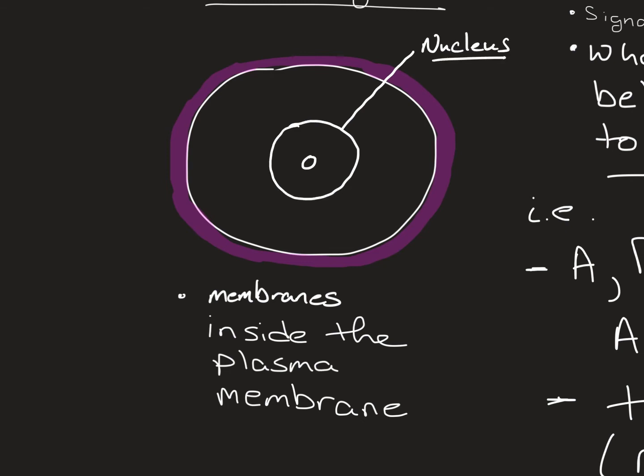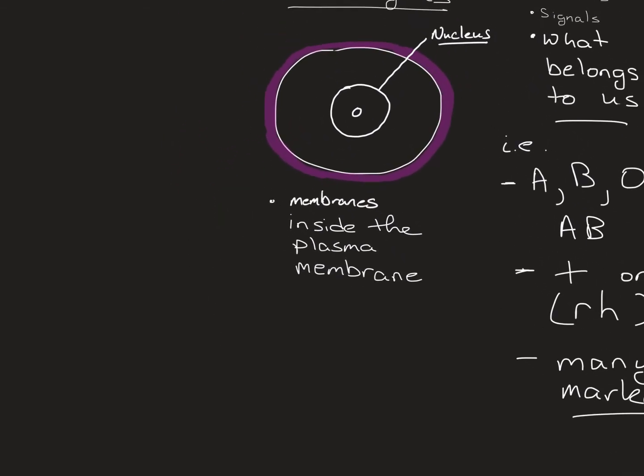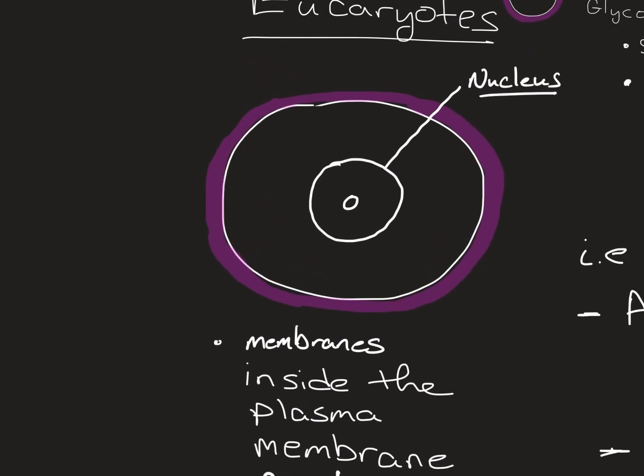It is made of a membrane, creating compartments. Inside this compartment, inside the nucleus, you have DNA. In eukaryotes, it's linear DNA. It has 2 ends, just like we talked about.